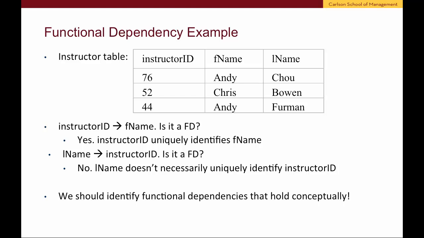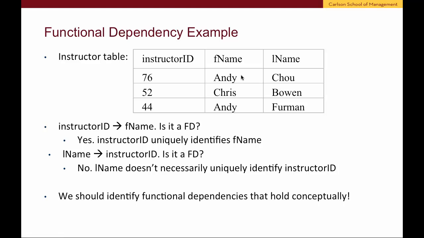On the first one, does instructor ID determine first name? The way you can think of it, even though we have duplicate first names with Andy, is that given an instructor ID, could we definitively determine what the first name is? In this case, yes. So if we had instructor ID 76, we could definitively determine that the first name was Andy.